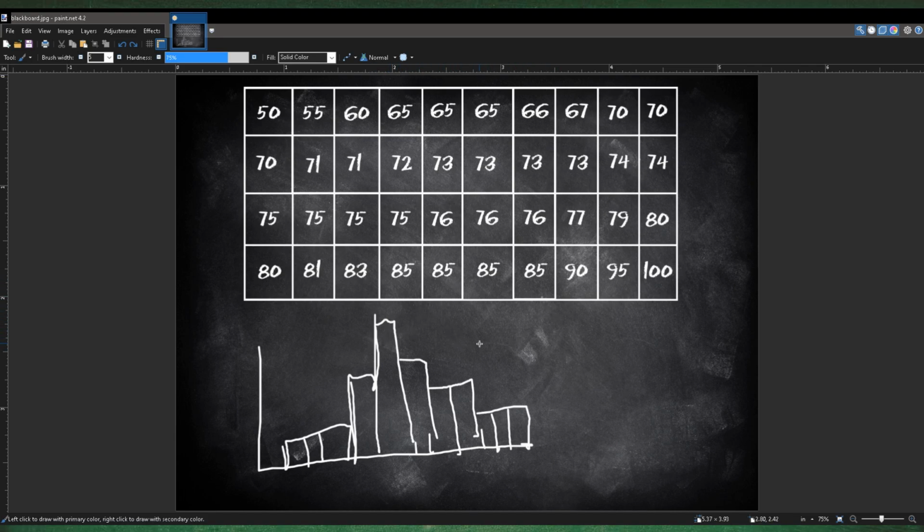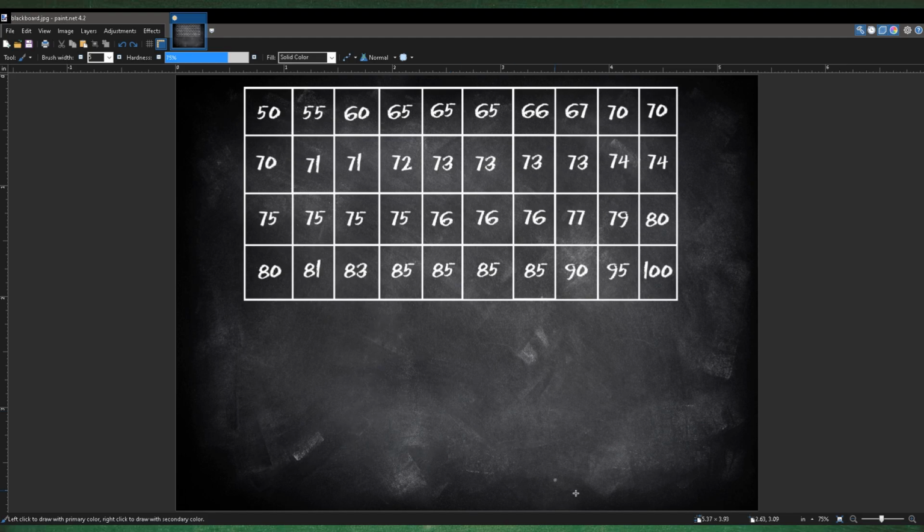Then you have to find out if it's symmetric. This side looks kind of like this side, so you could say it's approximately symmetric, so it's fine. So this satisfies the nearly normal condition. You could just say that the histogram is approximately normal, and you need to write that down. That's one of your conditions.